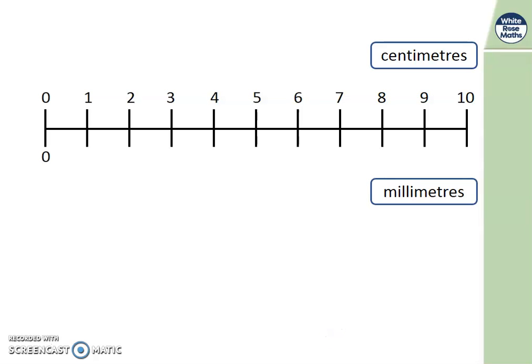So, first, 0 centimetres is equal to 0 millimetres. 1 centimetre is equal to 10 millimetres. So we find 1 centimetre, which is here, and equivalent to it, we write here 10 for 10 millimetres. What comes next?